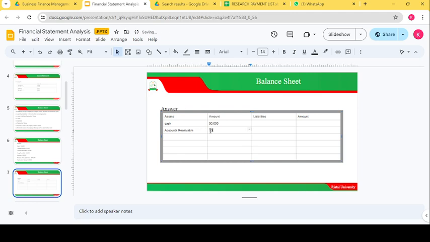We are given $30. Let's put our dollar sign up here. And then we have our inventory. Our inventory is 40,000.